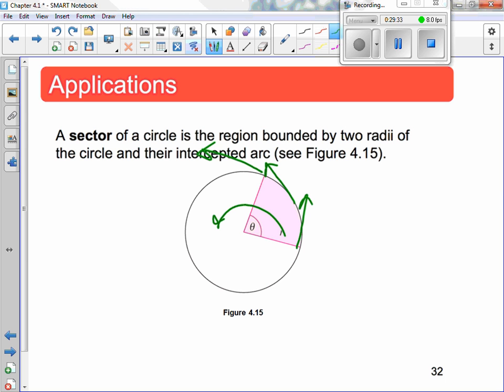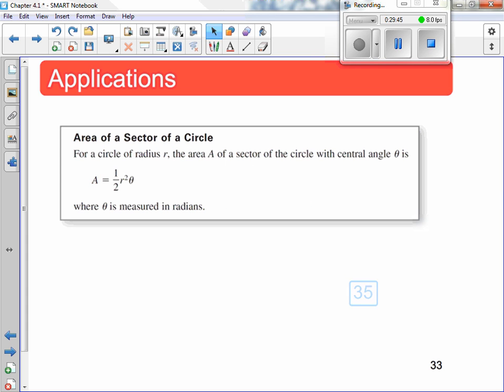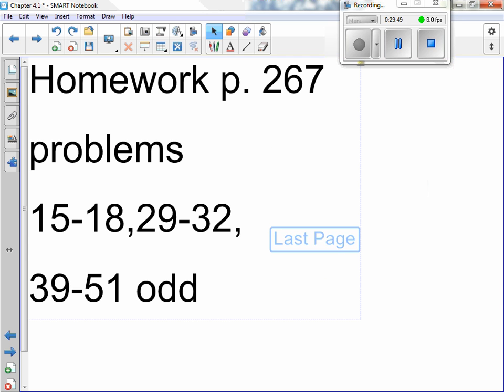So if we talk about revolutions per minute, or per second, or per hour, we're talking about its angular speed. How is it rotating? For the circle, we can find its central angle, but I'm not too worried about that, and it's not going to be a part of this assignment. But that's pretty much it.